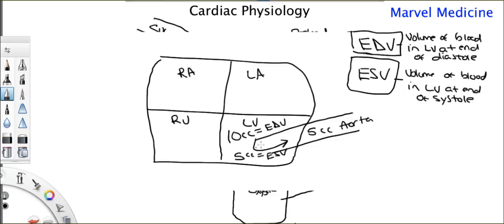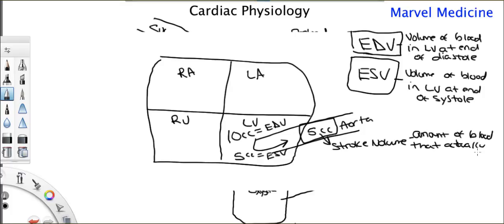Now, the difference between these two is my stroke volume. Okay? The amount of blood that actually went into the aorta when the ventricle contracted is the stroke volume. Okay? The amount of blood that actually leaves the ventricle.